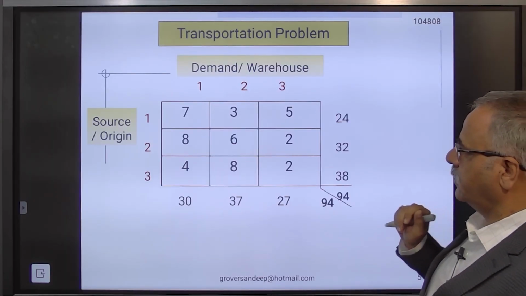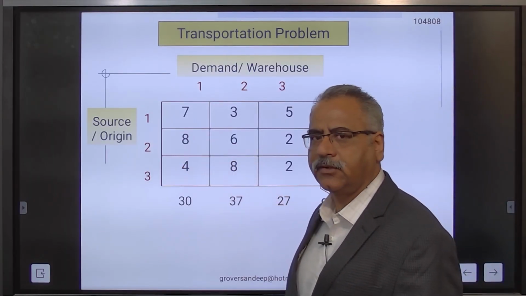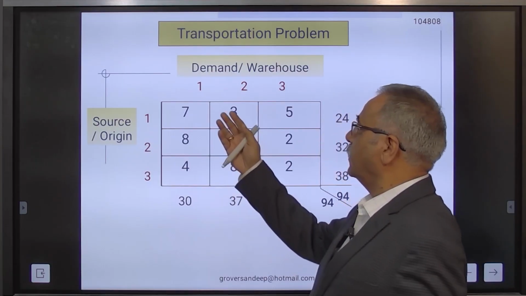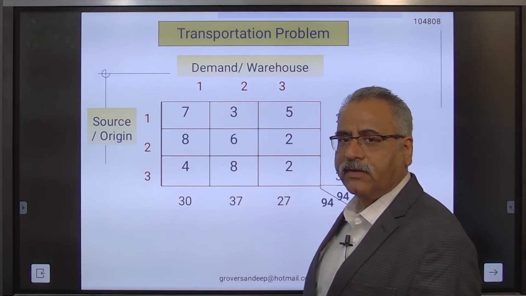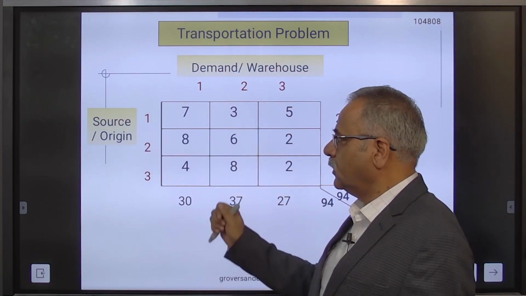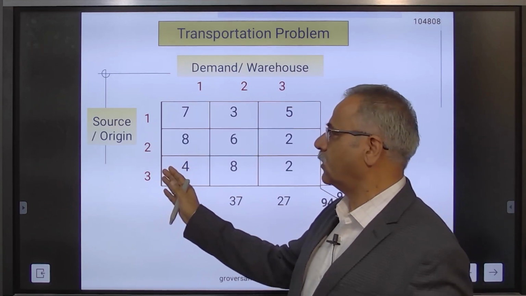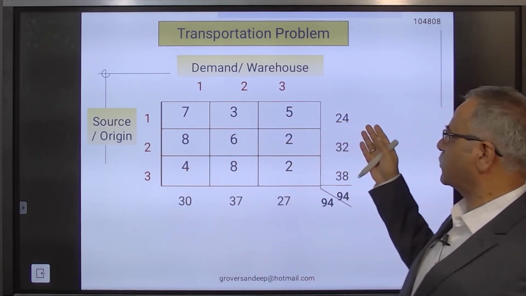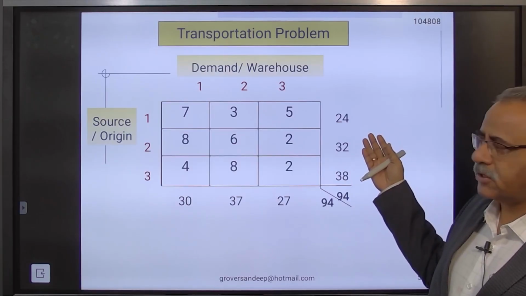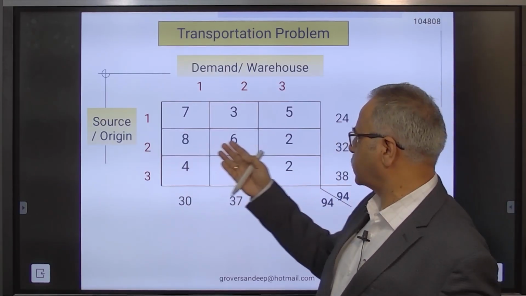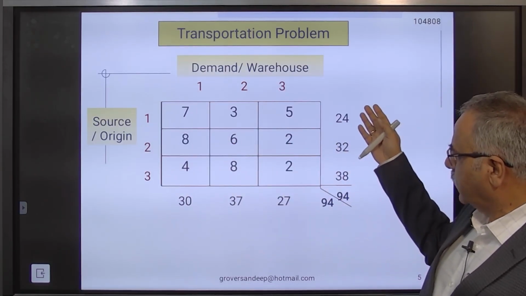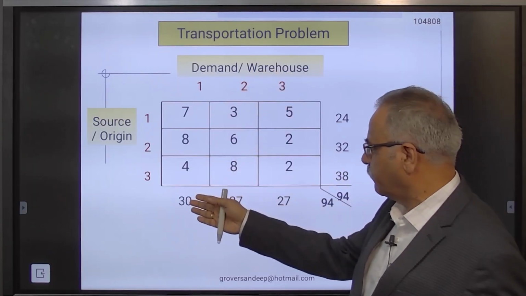Say for example, there are three sources or three origins in this case, and equally that many warehouses. Now each origin has a capacity. Say for example, plant number 1 or origin number 1 has a capacity of say 24 units to manufacture. Plant number 2 has a capacity of 32 units, and accordingly these are the capacities of the warehouses.